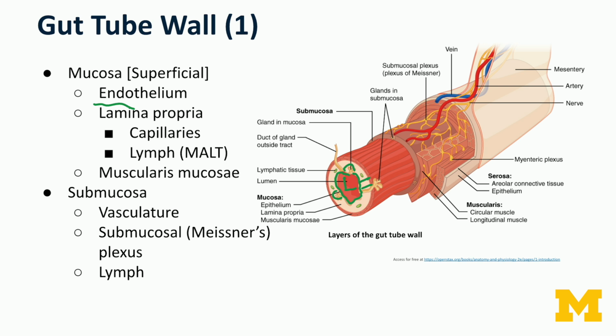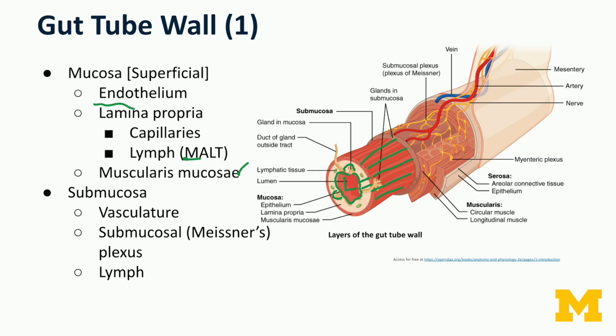Specifically, it's mucosa-associated lymphatic tissue, or MALT for short. And then the deepest layer of the mucosa is a little bit of smooth muscle. We call this the muscularis mucosae. And we see that this has its orientation longitudinally.